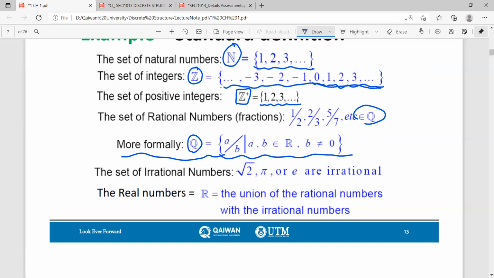And we have irrational numbers. Irrational numbers, if we have a number which couldn't be expressed as a root, pi or exponential, these are irrationals. Okay, because we have infinite decimals without repeating.